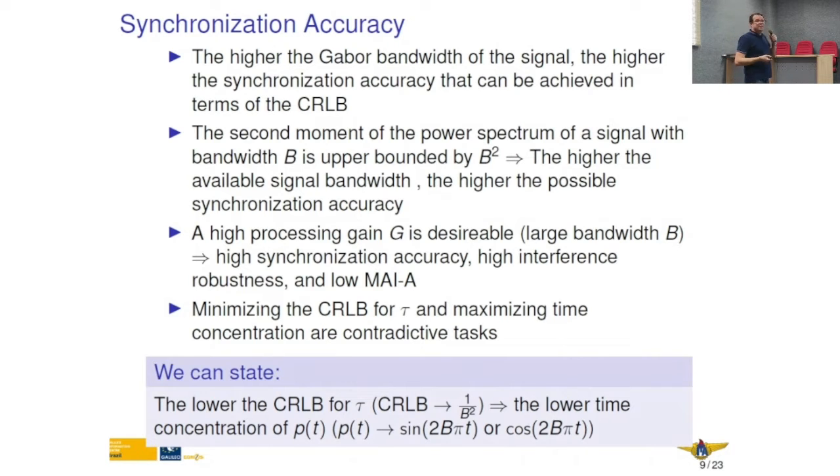So we will have to make a trade-off. We want a signal that can provide us reasonable time delay estimation performance, and is also not too much spread over time. This is what we have to achieve.